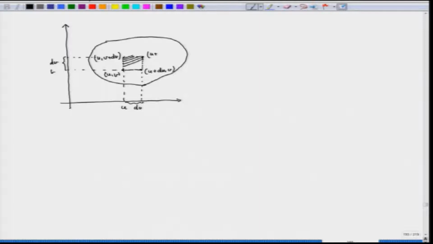And so now here we have, this is my domain D, sorry, this is my infinitesimal domain or elemental domain. This is the big one, the domain D, and this is the elemental region.